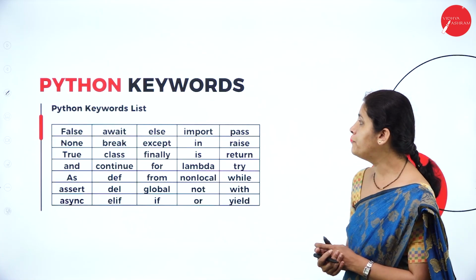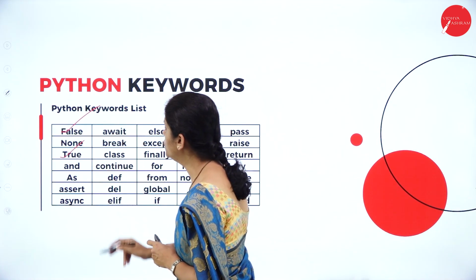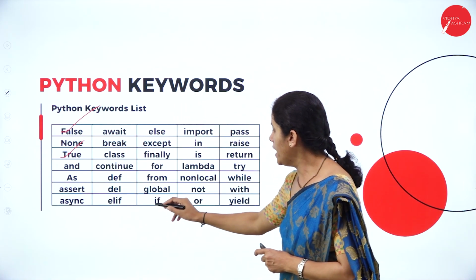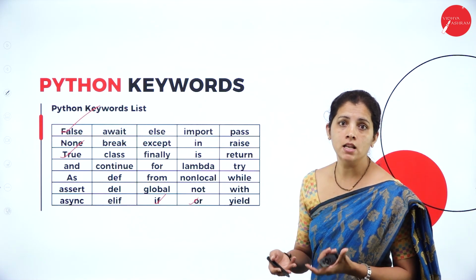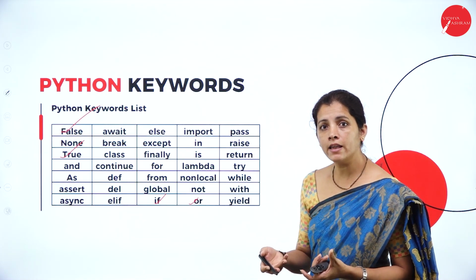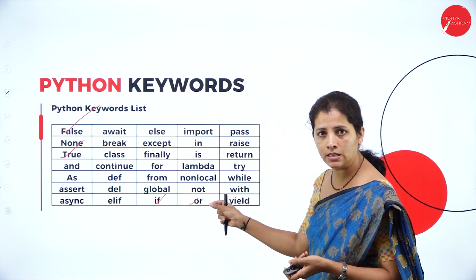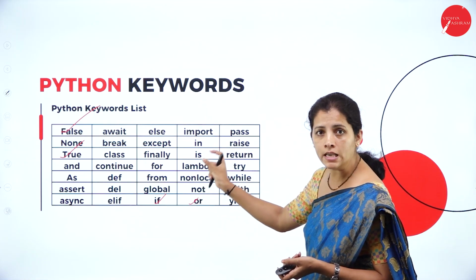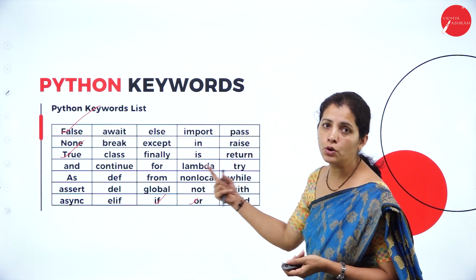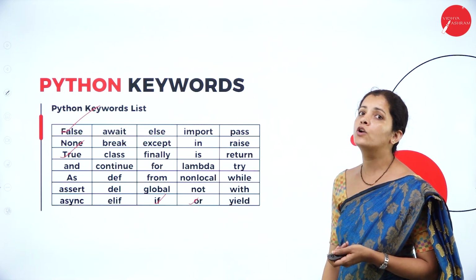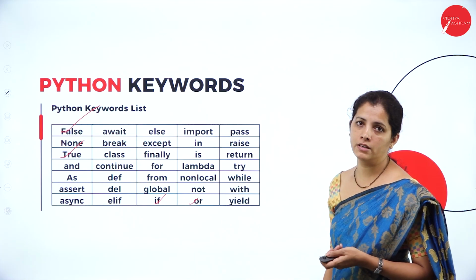Examples for keywords are False, True, and, if, or, is, in, while, do while, try, finally. So these are the examples for keywords, and the meaning for these keywords is already defined and known to the compiler, and we are not able to change the meaning of these words.